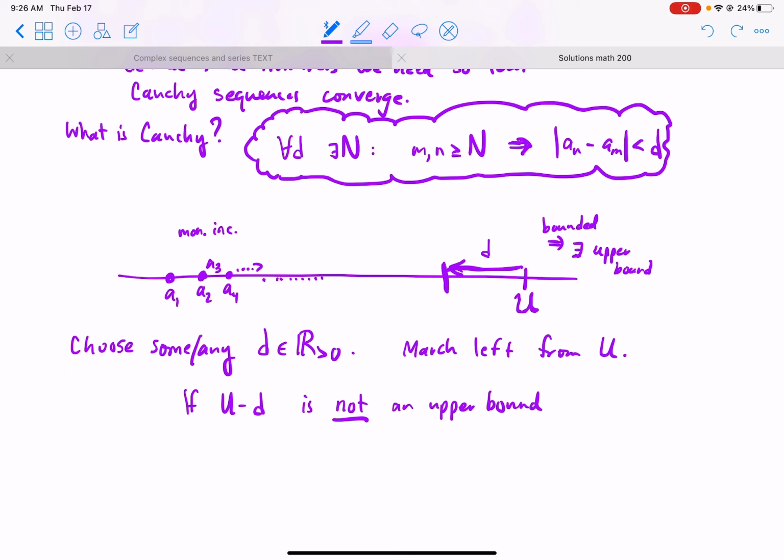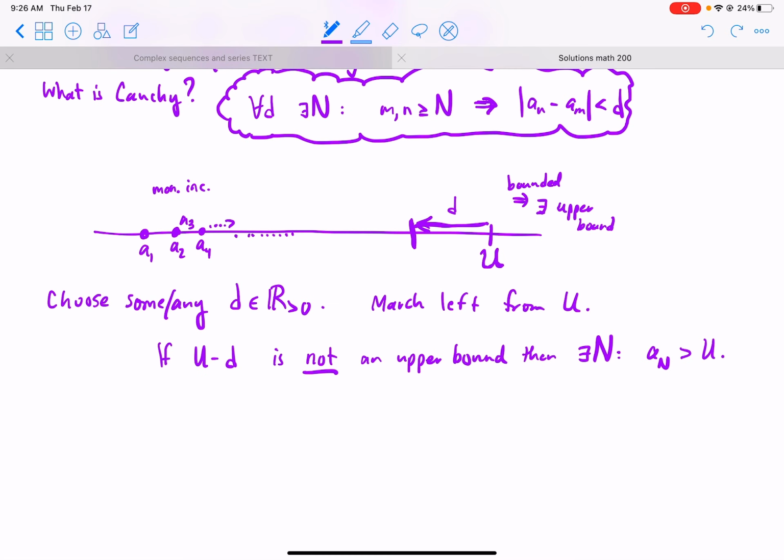Okay, so if U minus d is not an upper bound, then there exists an N such that a sub N is greater than U minus d. Because it's not an upper bound, it has to fail at some sequence value. But then all the rest of the sequence values are bigger than that and less than U, and we'll be done.